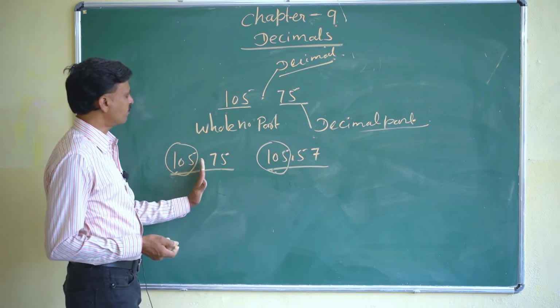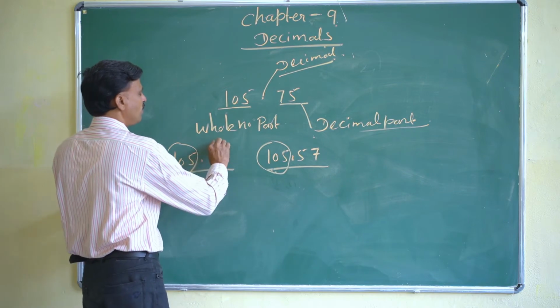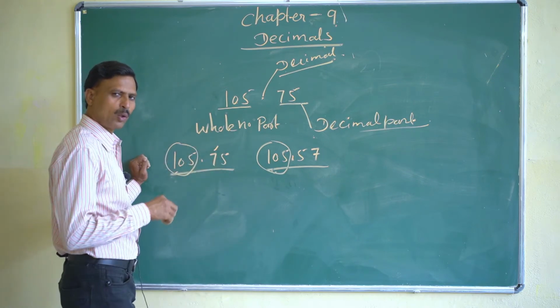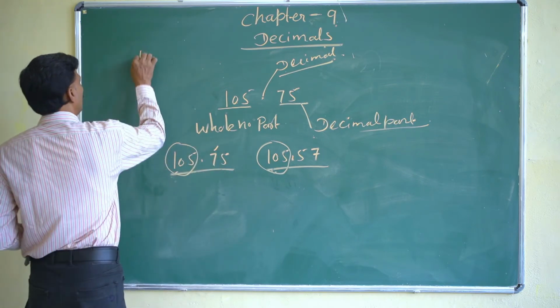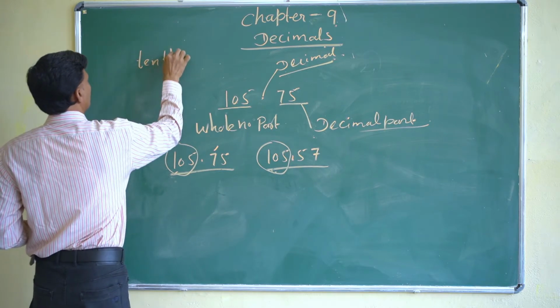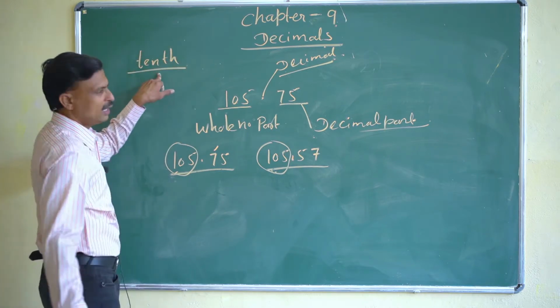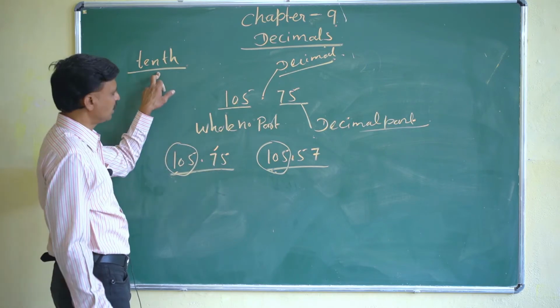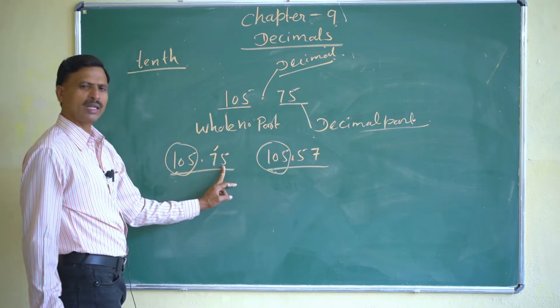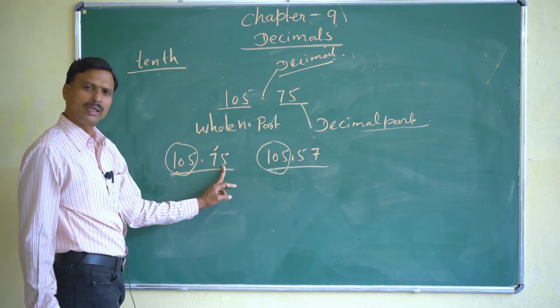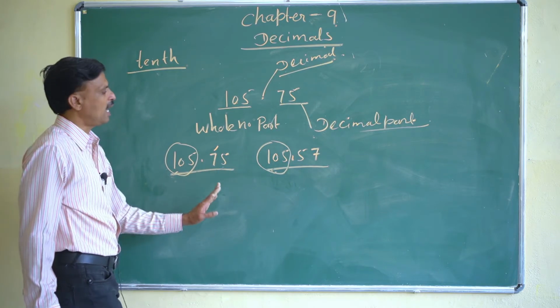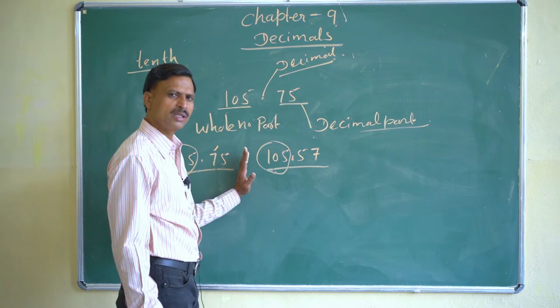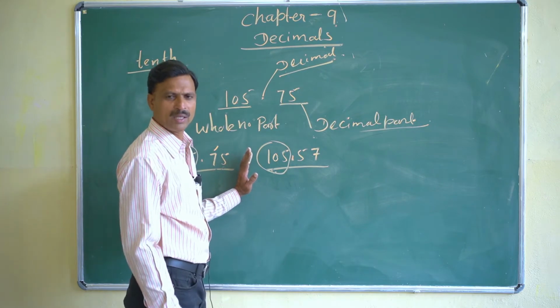After the decimal we'll see the first digit, that is called the 10th place digit. After the decimal, the second place digit is called the 100th place digit, and the third place digit is called the 1000th place, and so on.